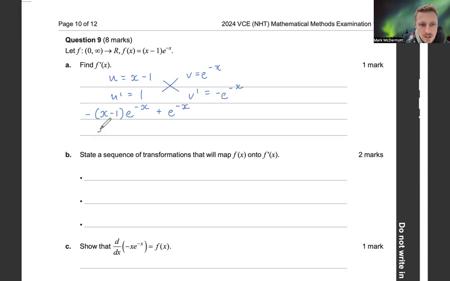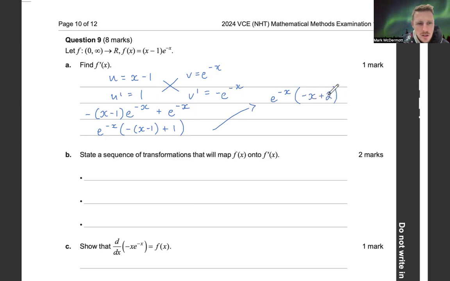So if we take e to the negative x out as a factor, we're going to be left with negative x minus 1 plus 1. So this, I think, becomes e to the negative x times negative x plus 2.